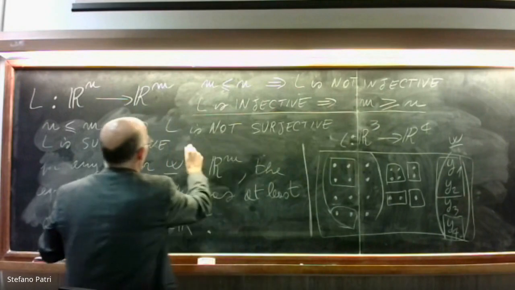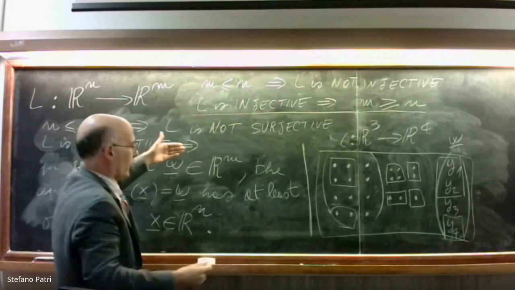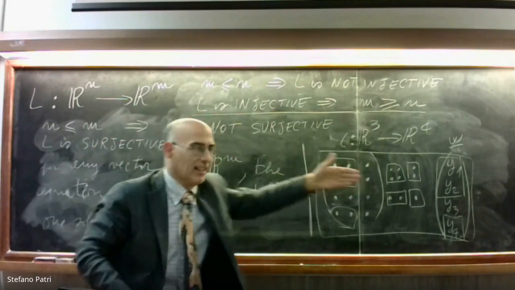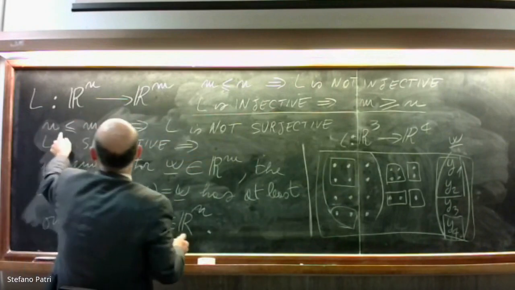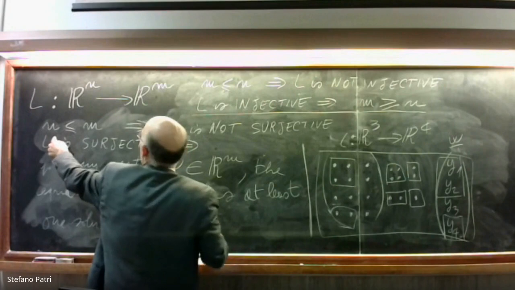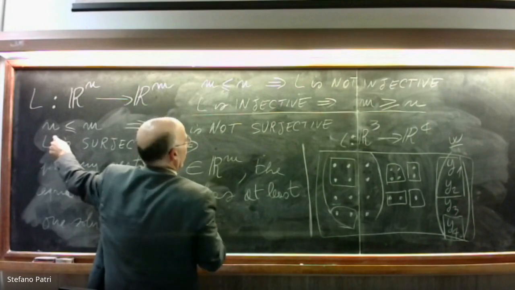L is surjective, from which we get the thesis equal to the contrary of the hypothesis. What is this hypothesis?